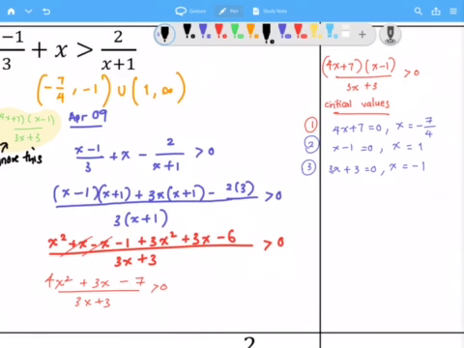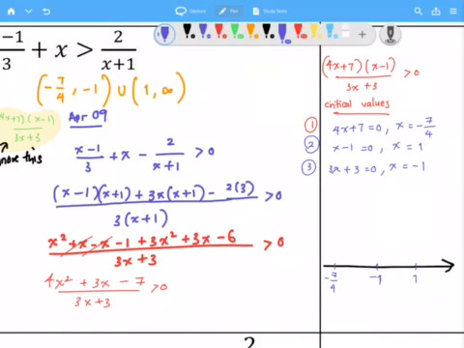Now we can proceed with our number line. Then we put all our critical values inside. After negative 7 over 4, you are going to have negative 1, and lastly 1, the highest value in these critical values.